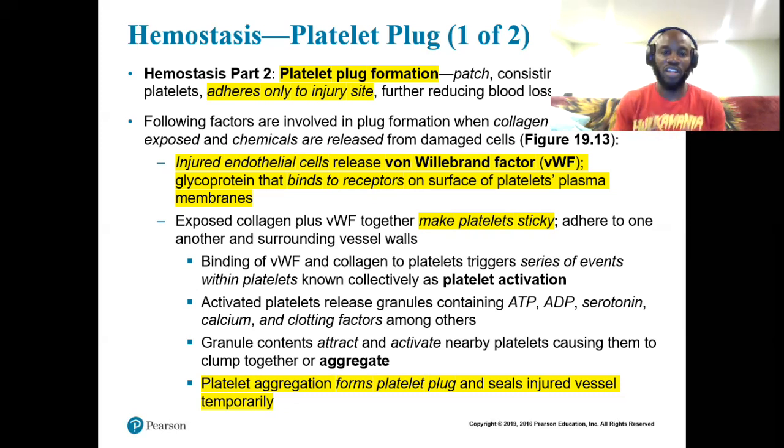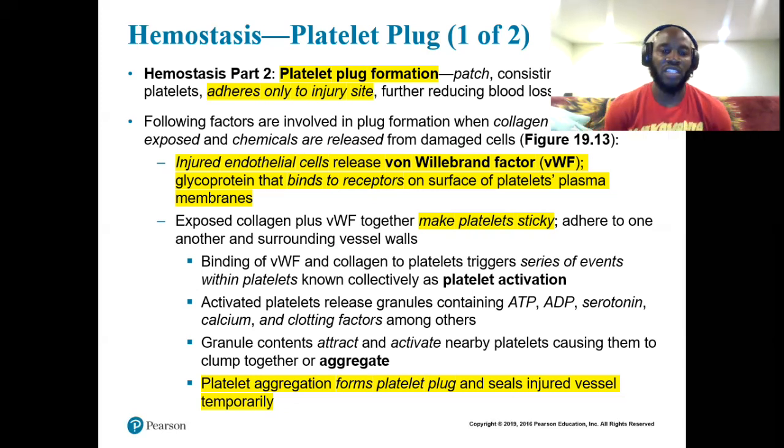They adhere to one another and surrounding vessel walls. So these platelets start to form a plug, right? Just like a plug in your bathtub. They start to form a plug right where the blood is leaking out, right where the injury has happened, because it's the injured cells that release the von Willebrand factor. So the platelets go to the spot, and remember the platelets are circulating in the blood, but they go to that spot because that's where the injured cells are releasing the von Willebrand factor.